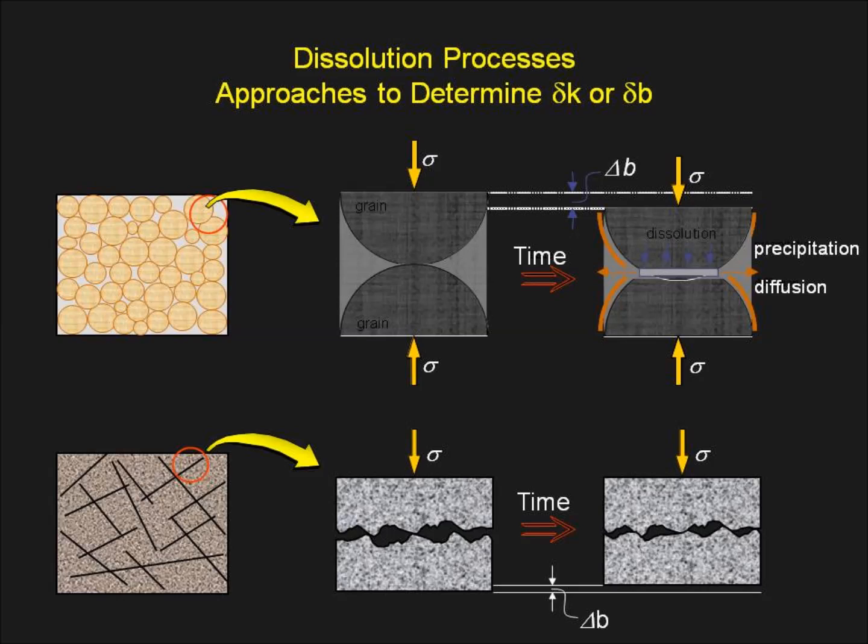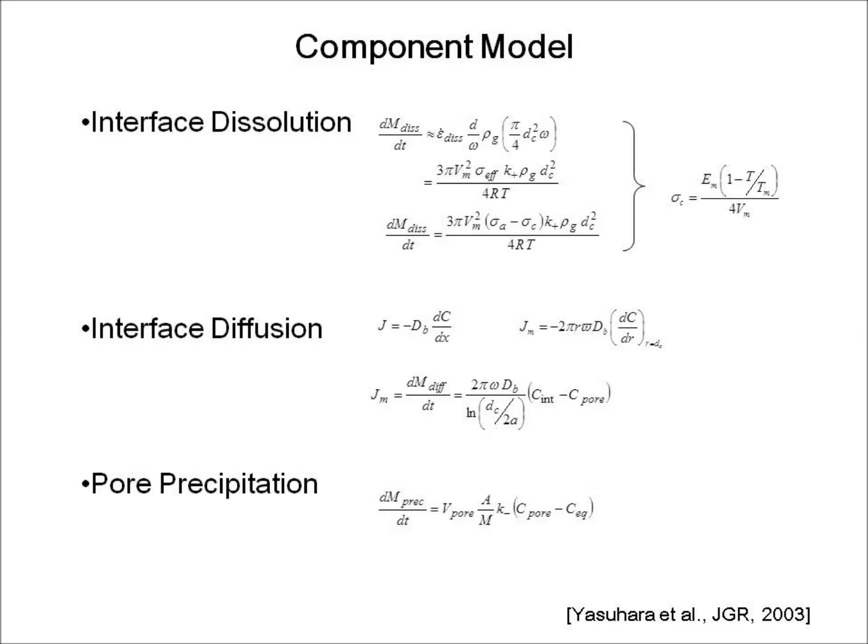So in terms of diagenesis, the usual models that are used are in terms of chemical compaction. So you take these high stresses that exist at the point contacts of grains or asperities, you preferentially elevate the chemical potential, you dissolve material out of here into the pore space, and then in the pore space it's either advected out of the pore space or it's left in the pore space to precipitate.